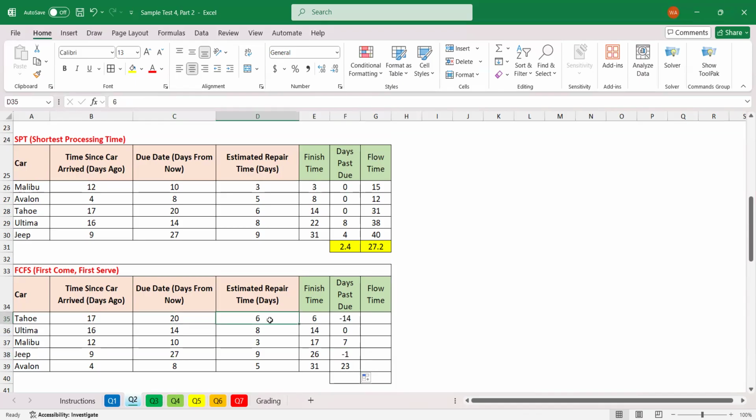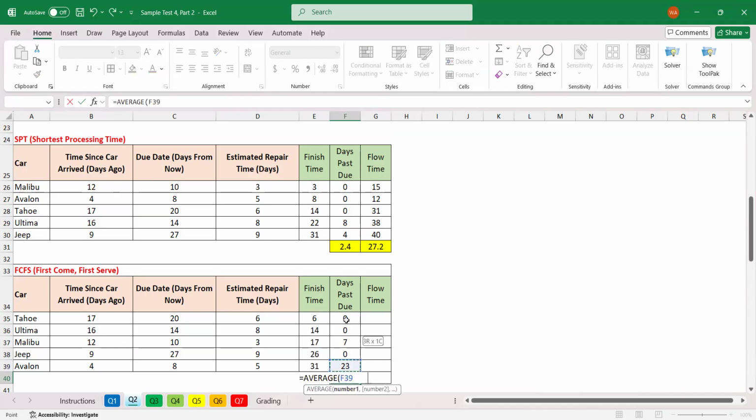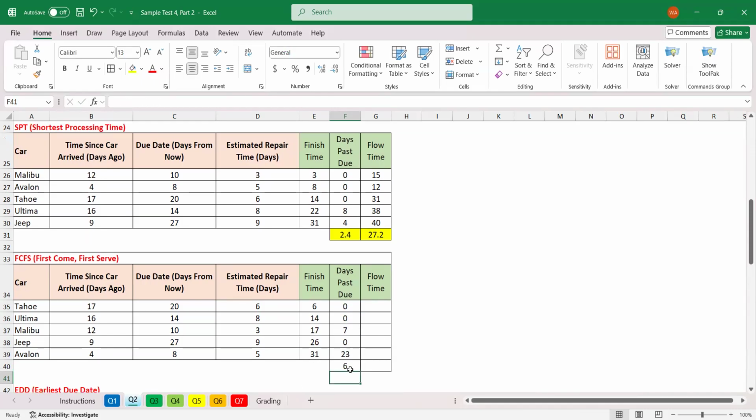We finish in 6 days, so there's no past due here. There's no past due here. Any negative, change that to a 0. Okay. So our average past due here is going to be 6 days. Okay. And our flow time is a function of the time since the car arrived plus finish time.